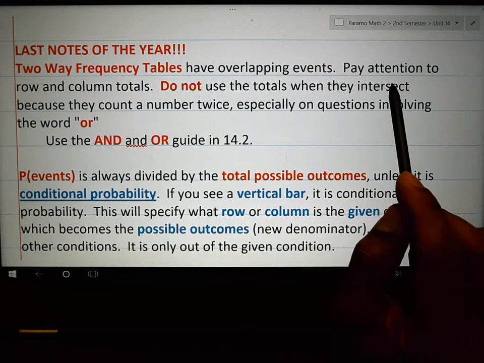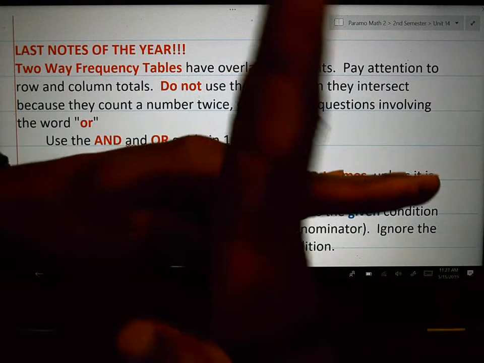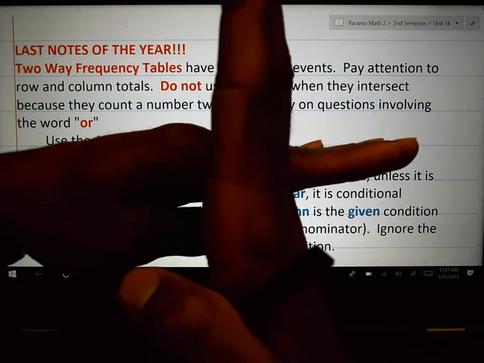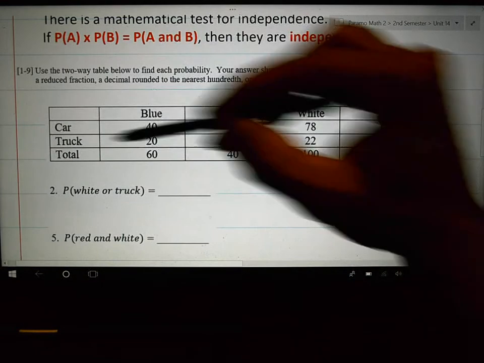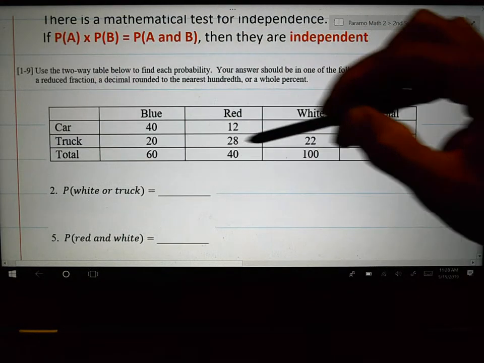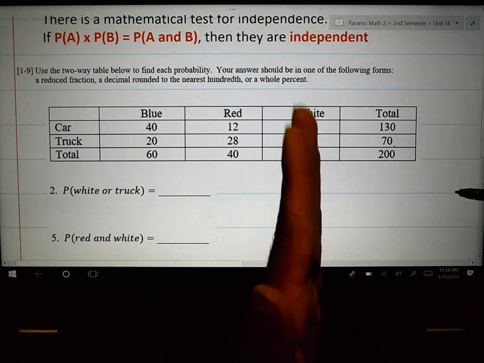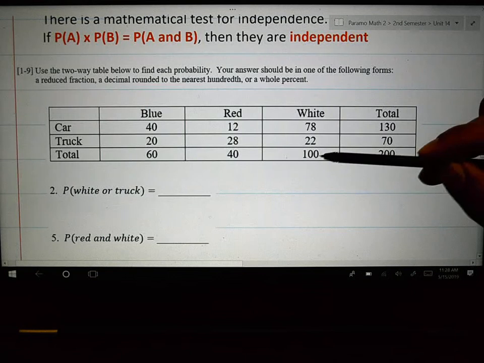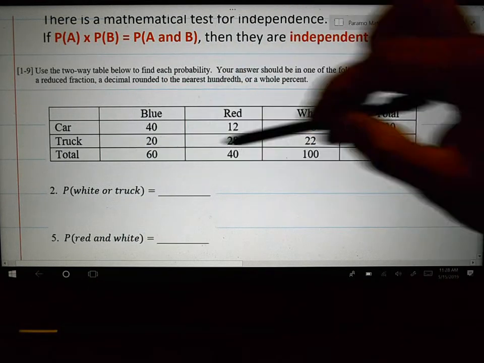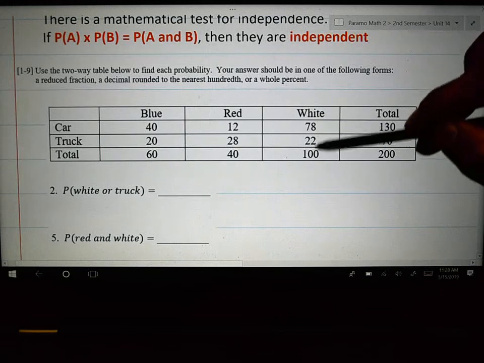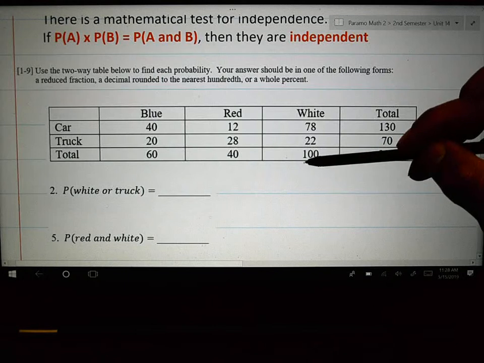A lot of times, because we're talking about a row and a column, we may use those totals, but it will count something twice. Let me show you what I mean. If I use the number of trucks and I say there's 70 trucks, and I say the number of vehicles that are white is 100, and I say that's out of 170, well, you just counted trucks that are white twice if you use this total and that total.